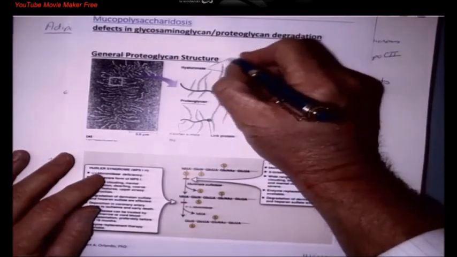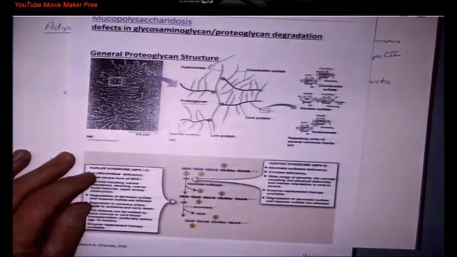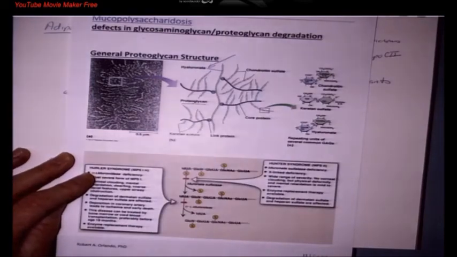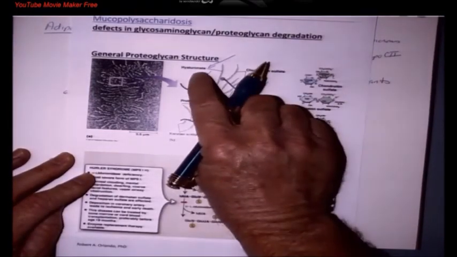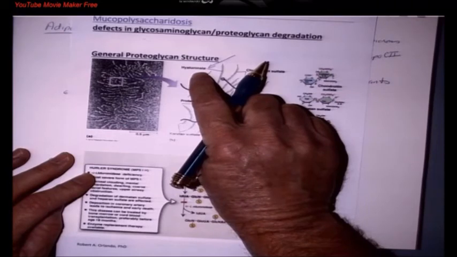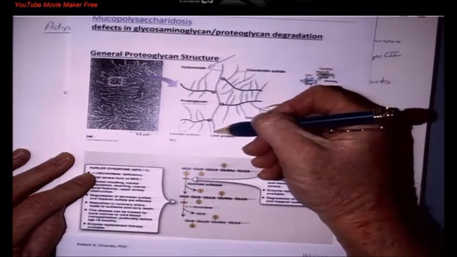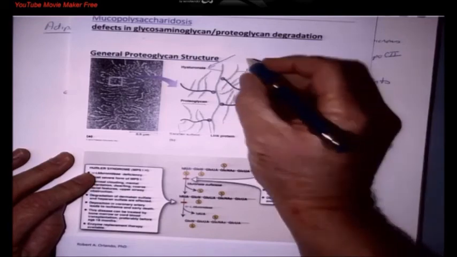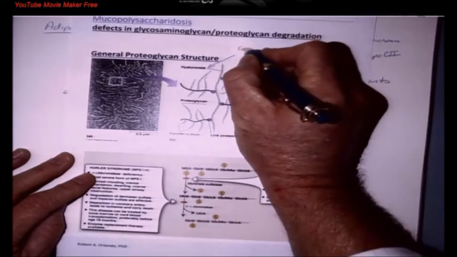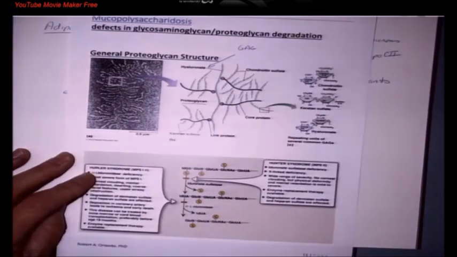So what are these? Well, that matrix protein, carbohydrate that's put down in cirrhosis, we looked at as hyaluronic acid, hyaluronate. This is a major component in extracellular matrix, and it is absolutely the largest glycosaminoglycan.